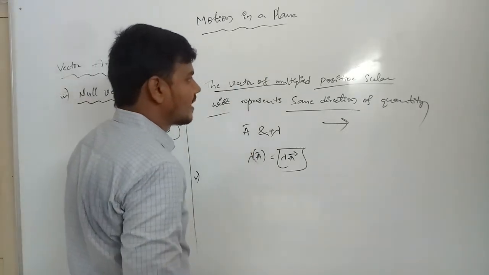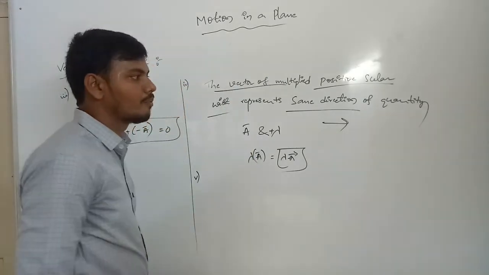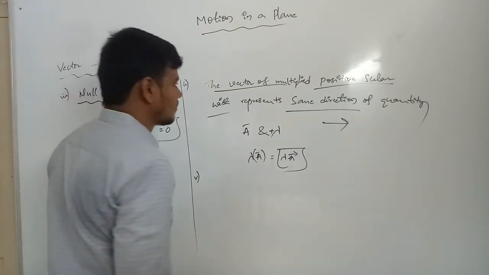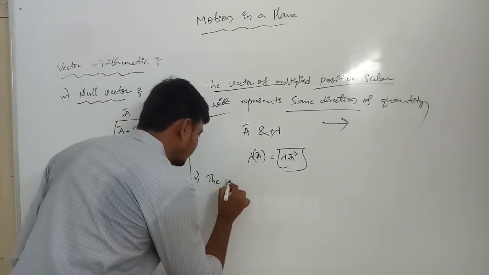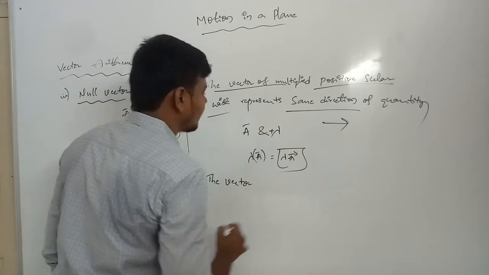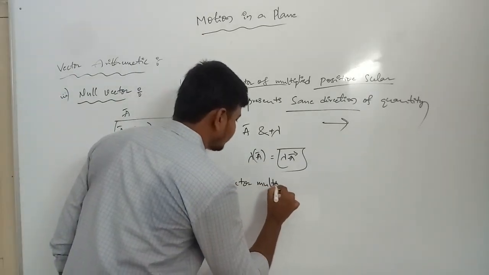Again, the next one. The vector multiplied with a negative scalar represents the opposite direction of the quantity.